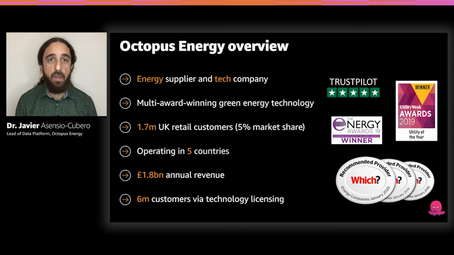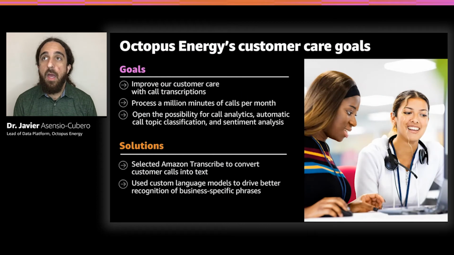And we license Kraken not only to other energy providers abroad, outside of the UK, but we also license it to a few of our competitors. We operate in 5 different countries: the UK, of course, Germany, the United States, Australia, and New Zealand. We had £1.8 million of annual revenue last year, and Kraken is making 6 million customers really happy through our licensing.